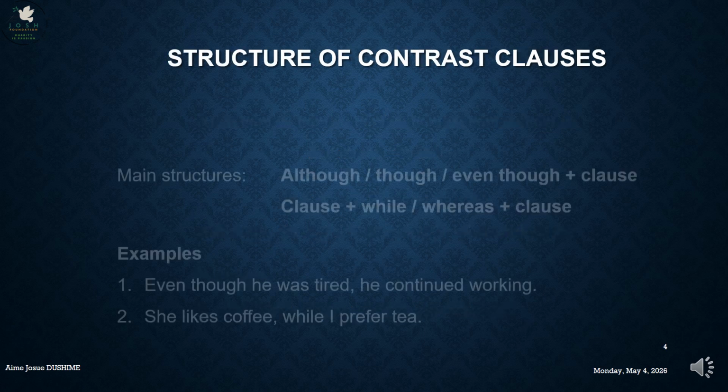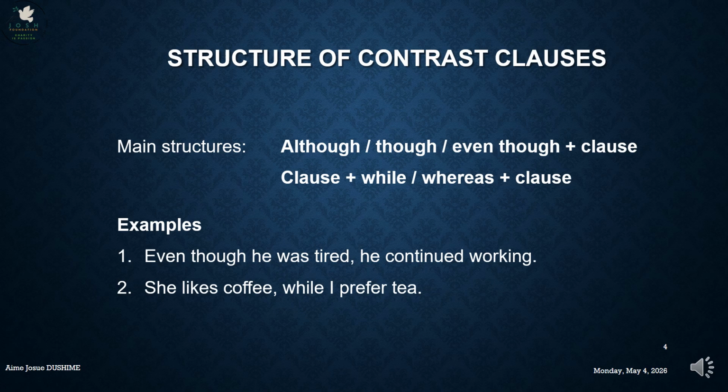Let's see the structure of contrast clauses. When we have a clause of contrast, the first structure is: we take although, or though, or even though, then we add a clause. The second structure, we begin with a clause.